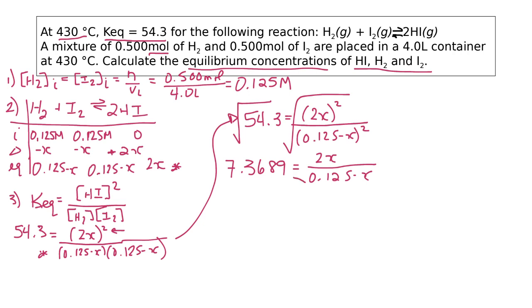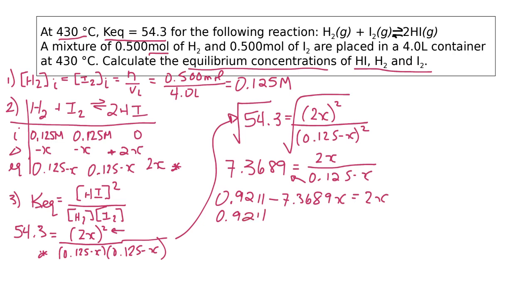So we're going to take everything in the denominator and cross multiply it across. So when we take 7.3689 and multiply it by 0.125, I end up with 0.9211 minus 7.3689x equaling 2x.